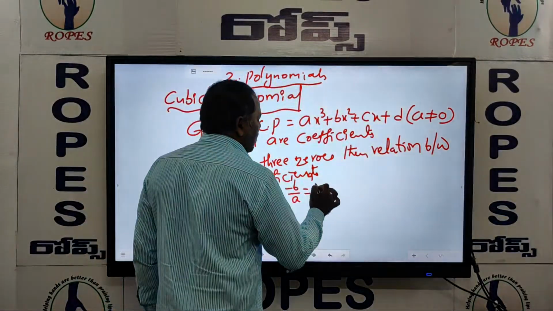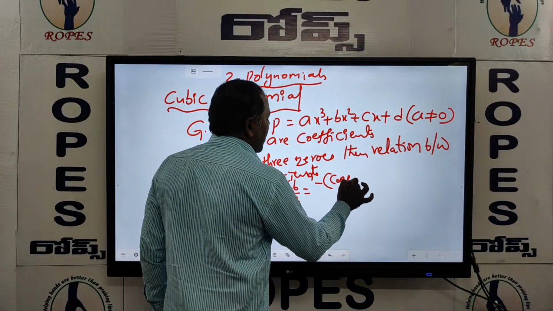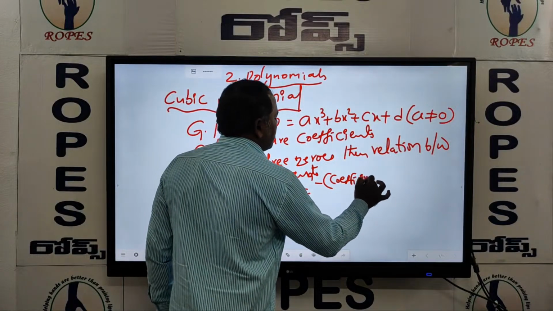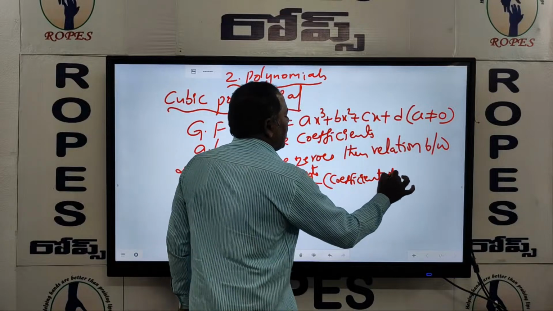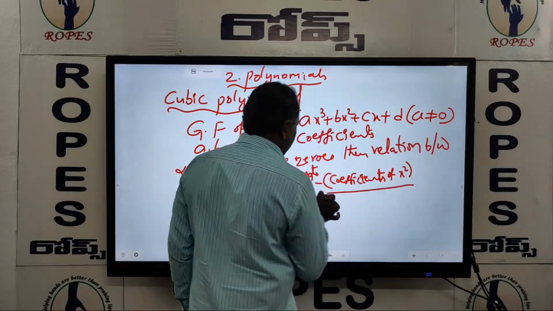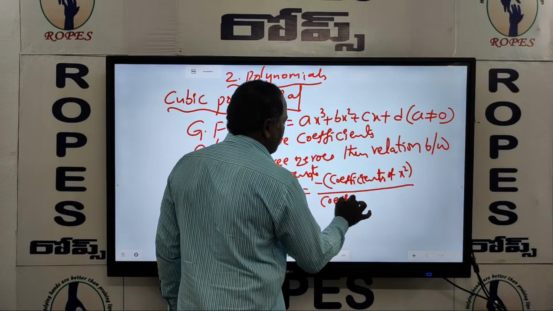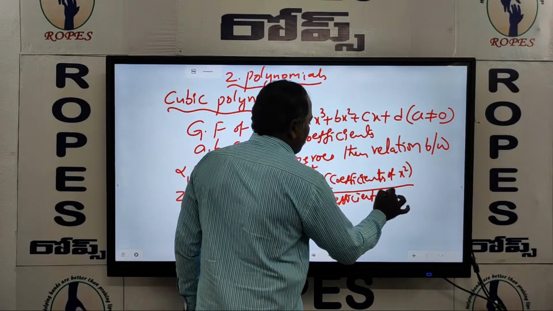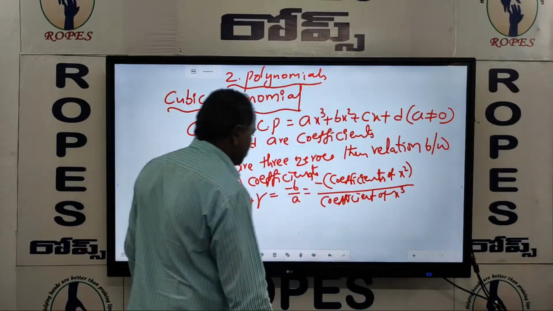Here we can write minus of coefficient of x square by coefficient of x cube.